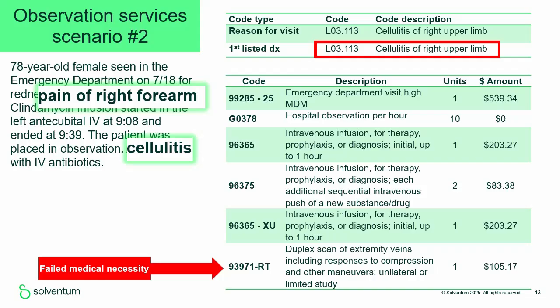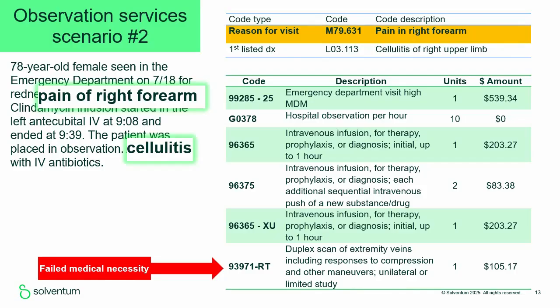However, if the pain in the right forearm was added as a reason for visit code using M79.631, medical necessity would be supported for the venous Doppler. The reason for visit diagnoses are important, even if it is a symptom, because it can help meet that medical necessity.